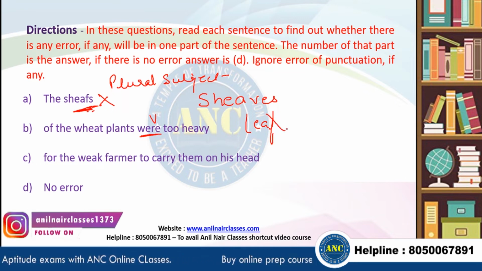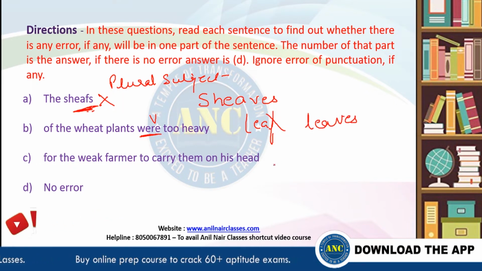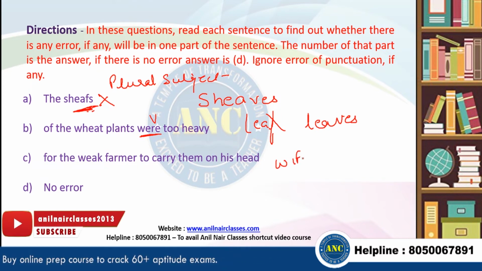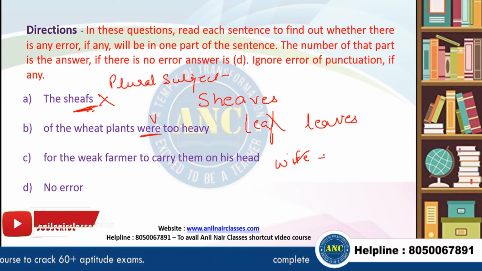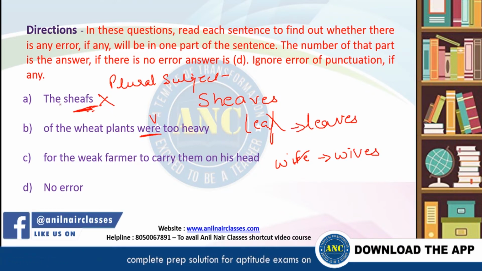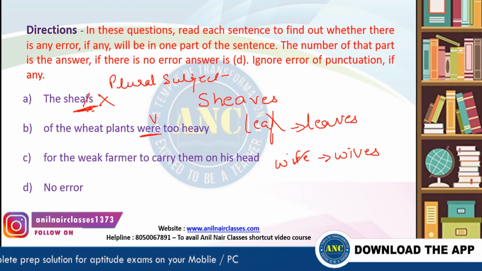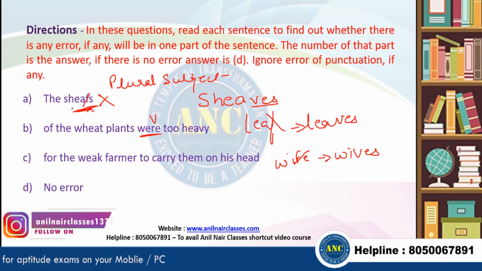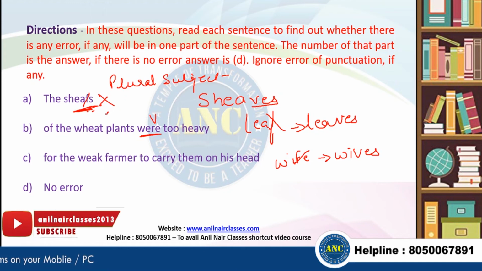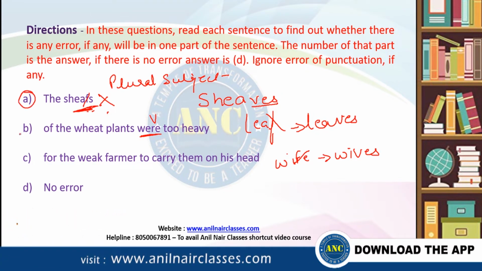To make the plural form, get rid of F and it will be L-E-A-V-E-S. Wife. Remove F-E and it will be what? W-I-V-E-S, wives. Same way here also we have F. Get rid of F and after that we'll have the V-E-S. So the plural of chefs is wrong, right? So here this is the error. Rest all is fine.